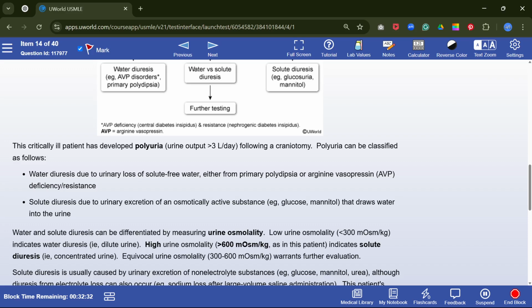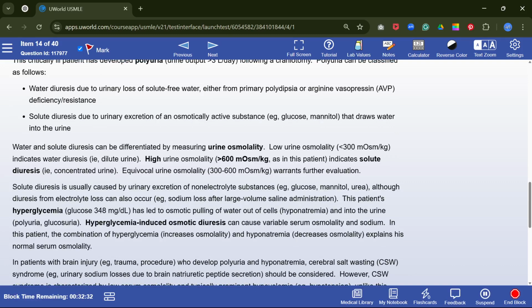Equivocal urine osmolarity, 300 to 600 milliosmol per kg, warrants further evaluation. Solute diuresis is usually caused by urinary excretion of non-electrolyte substances, glucose, mannitol, urea, although diuresis from electrolyte loss can occur, such as sodium loss after large volume saline administration.